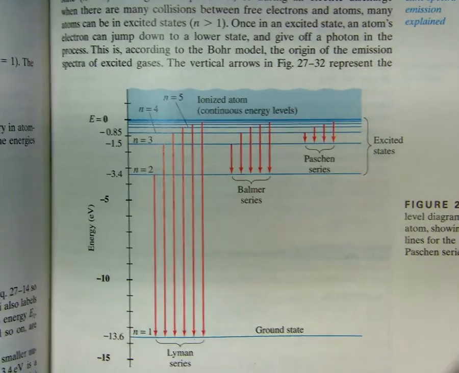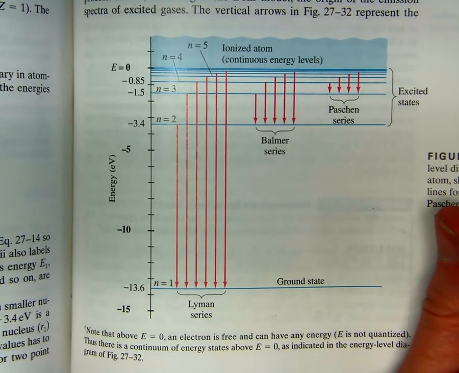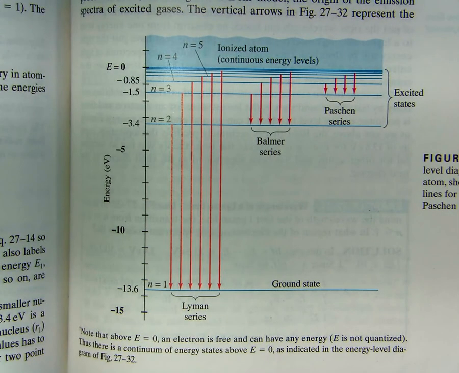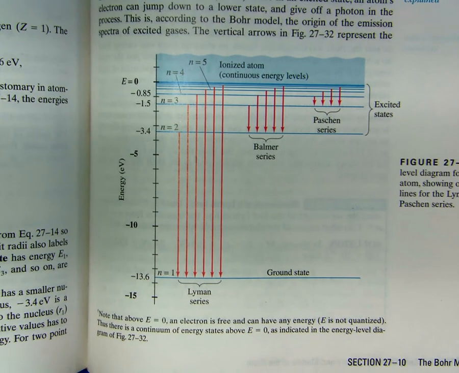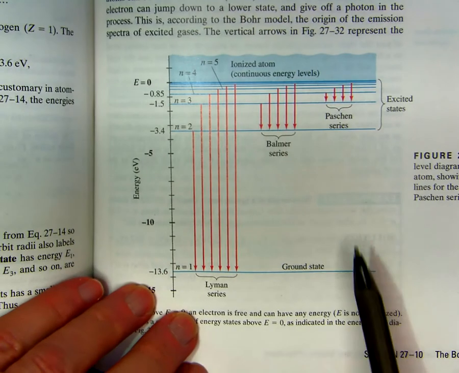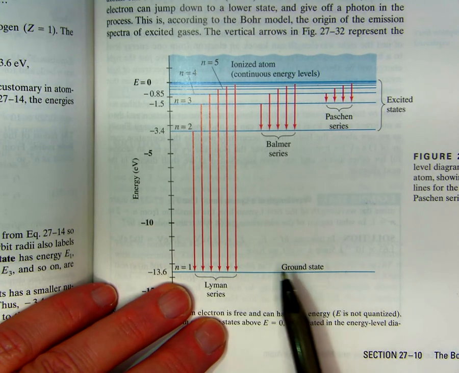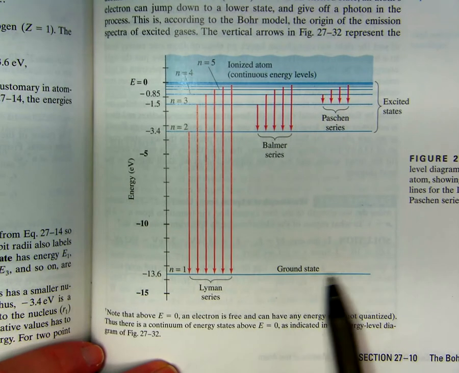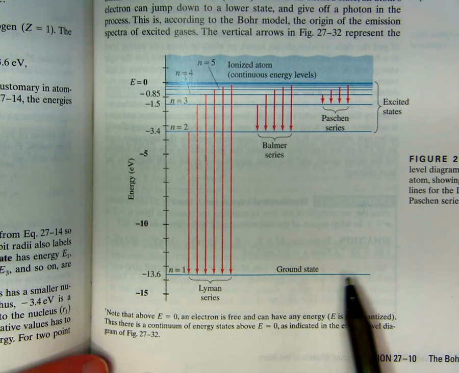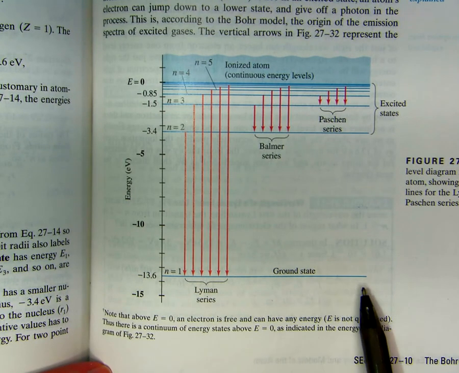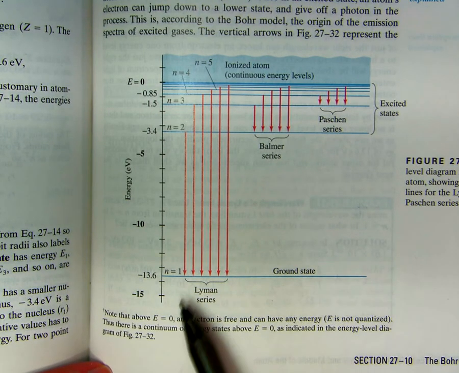So, actually, I think what we've got here is a chart, or a diagram, that shows the energy level. That n equals 1 level, where the electron would be at the Bohr radius. They also call it the ground state, the lowest energy level.